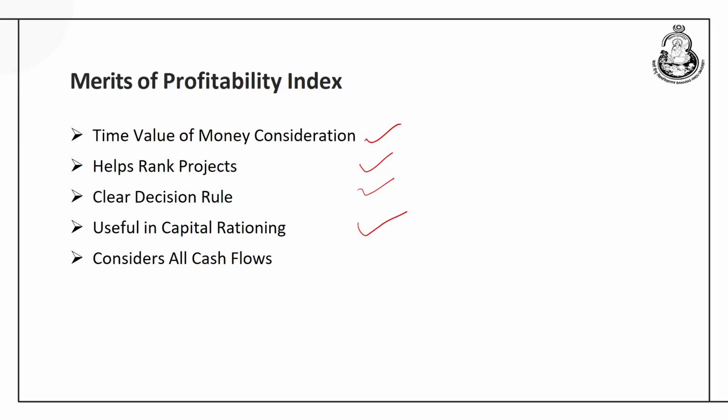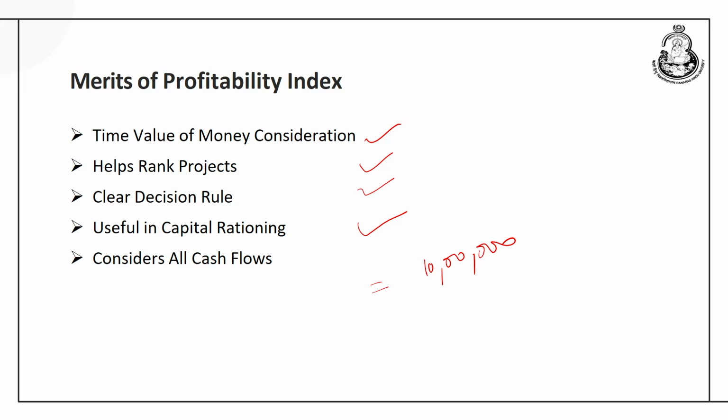What is capital rationing? Let me give you a quick definition of capital rationing. It is a process which is used by the management when there is a rationing of the fund. Like if the management is giving us say only 10 lakh rupees and we have to use our fund in such a manner that all the projects which are more profitable should be considered by the management.